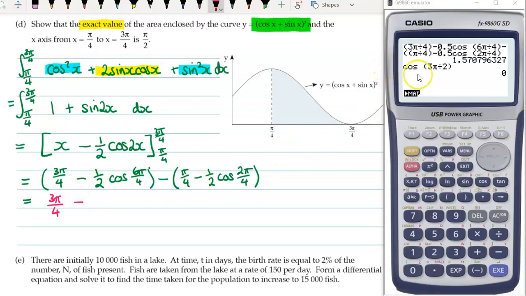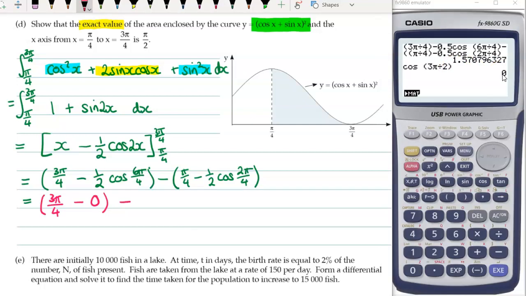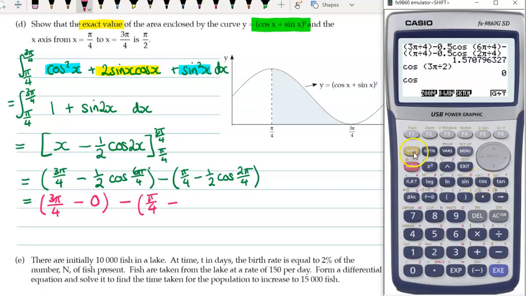Some of them do work out nicely, so you can see 6 pi by 4 cancels to 3 pi by 2, and cos of 3 pi by 2 is 0, so that one does help us. So that'll be a 0 just there. We're going to take away pi by 4 minus, okay, let's check out cos of pi by 2.